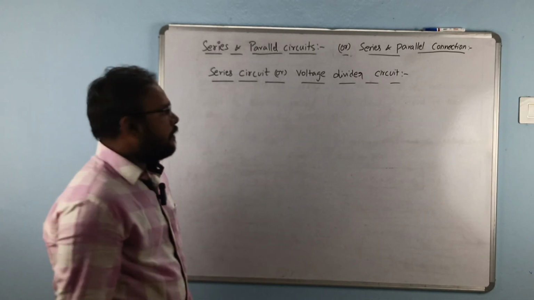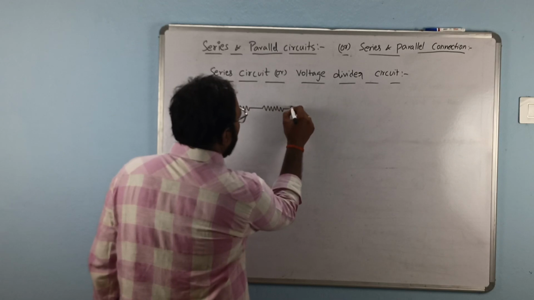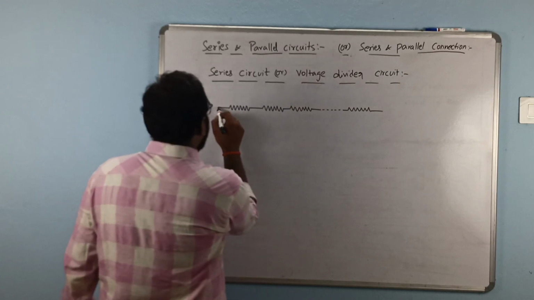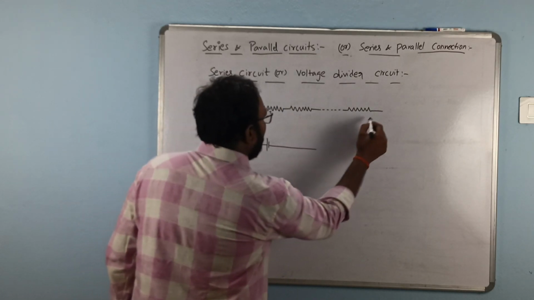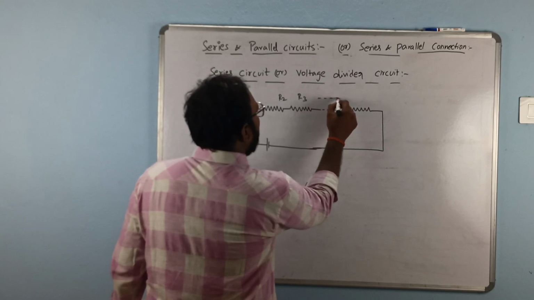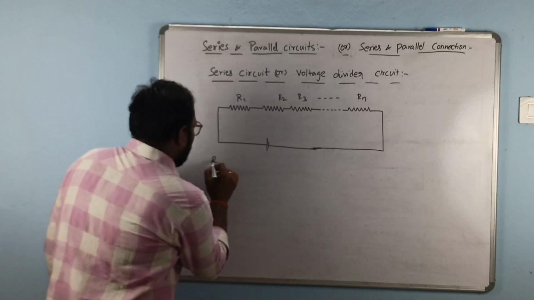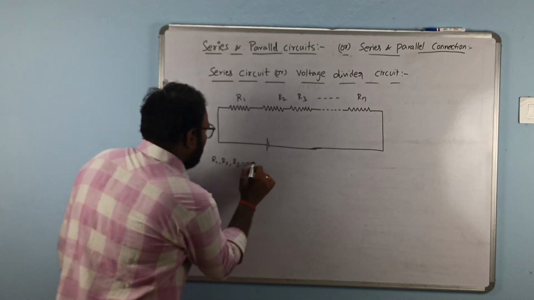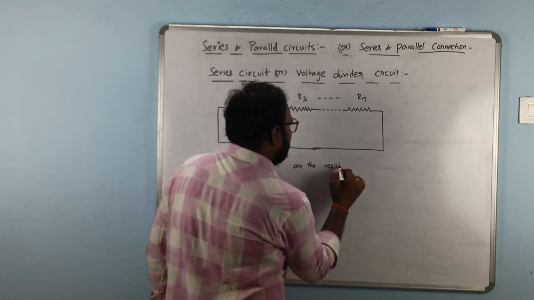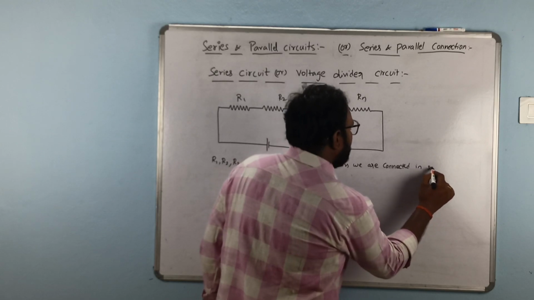Let us draw the circuit for the series. Let us take resistors R1, R2, R3 and so on up to Rn, connected in series.